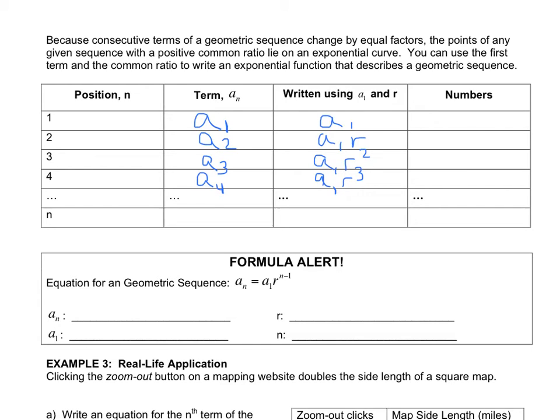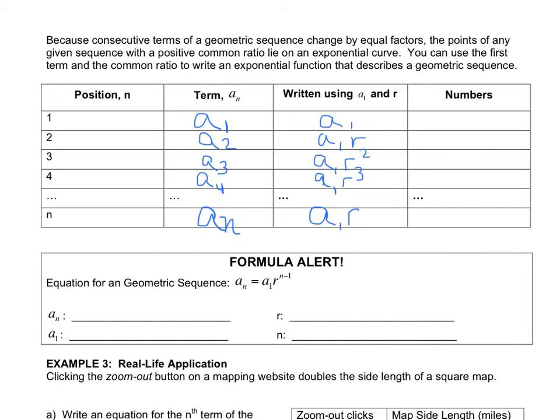So when I get to a sub n, what I want to think about is, we just said it was the first term times the common ratio, and notice when I look at my table, I end up with r to 1 less than the position.